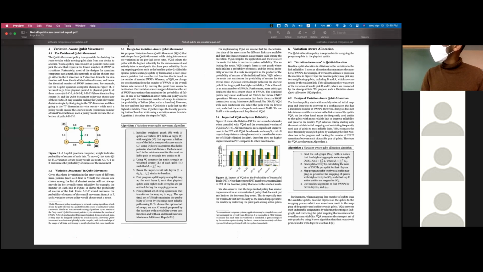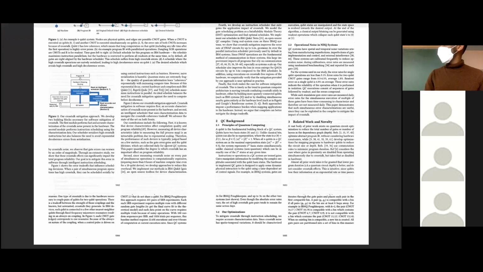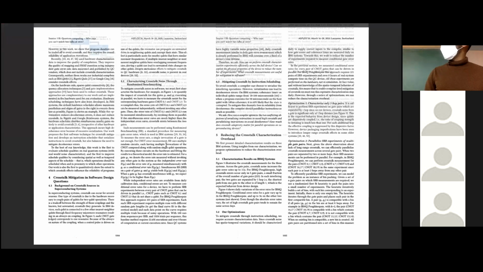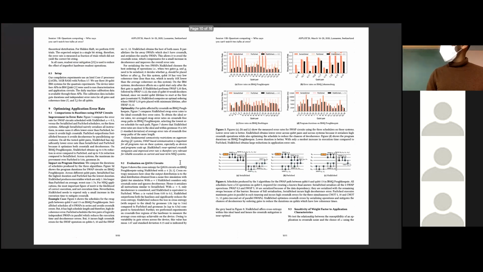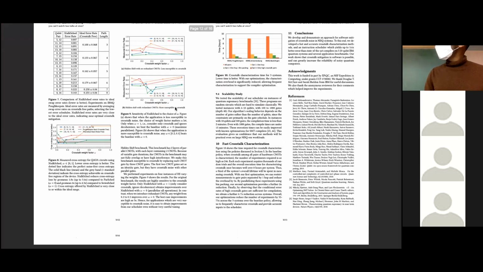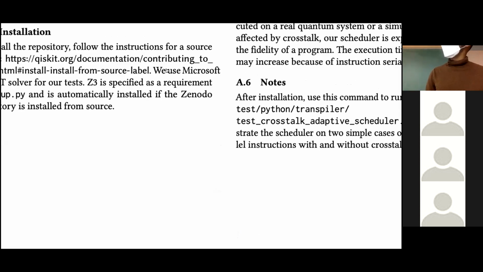I think it's this one, right? They have a link for their module.